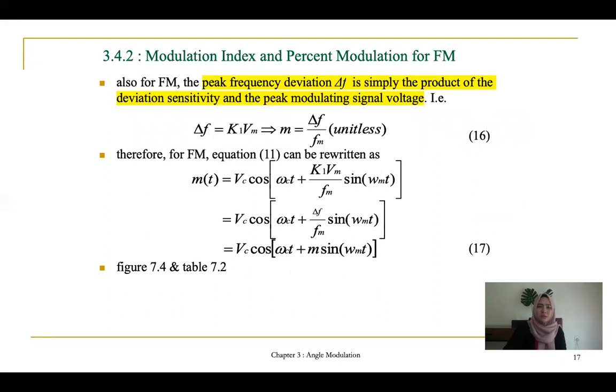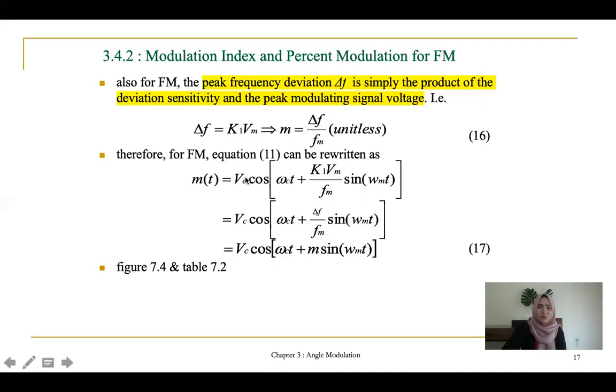And then also for Fm, the peak frequency deviation, or delta F, is simply the product of the deviation sensitivity and the peak modulating signal voltage. So delta F, stated here, is equal to k1Vm.